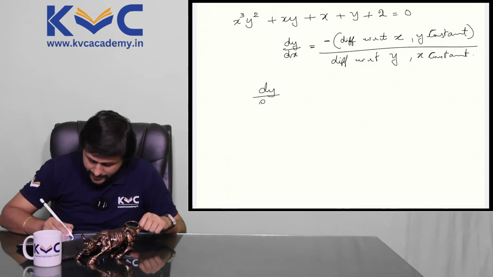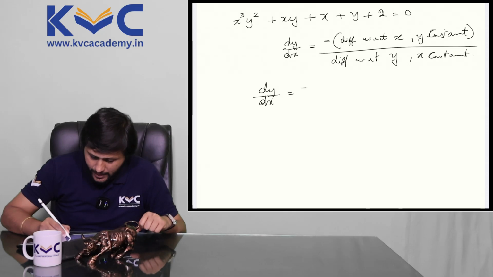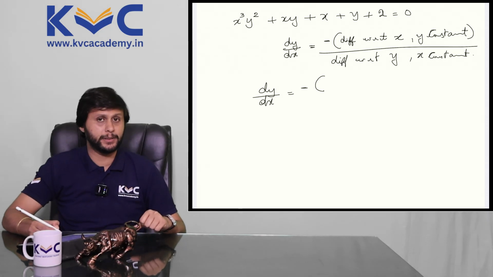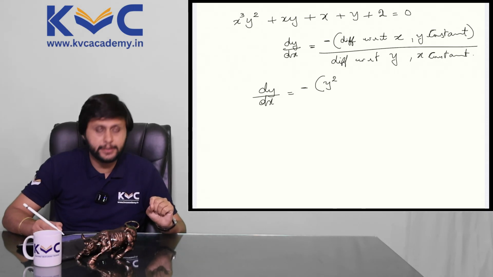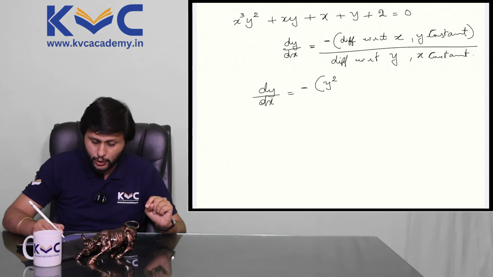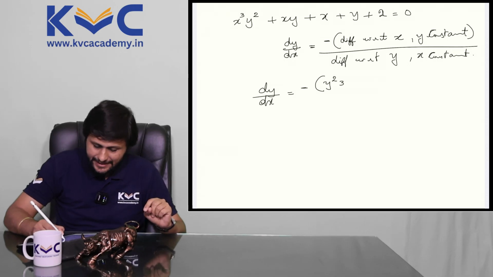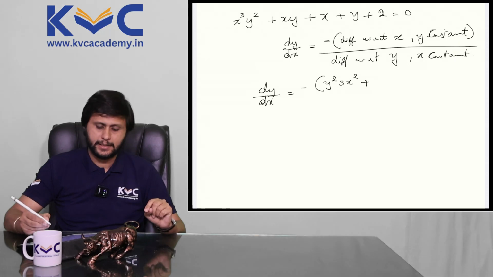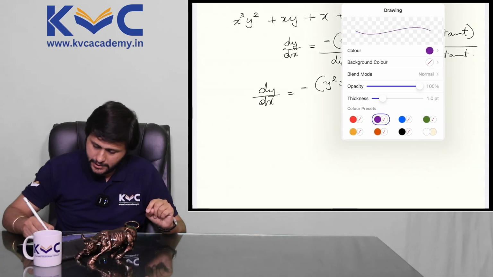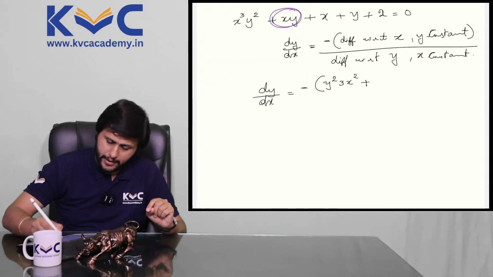So for this problem, I'll write dy by dx on the left hand side. We have a minus sign. We'll keep the bracket open. So y square is constant. Differentiation of x cube is 3x squared. Plus, then we have xy.